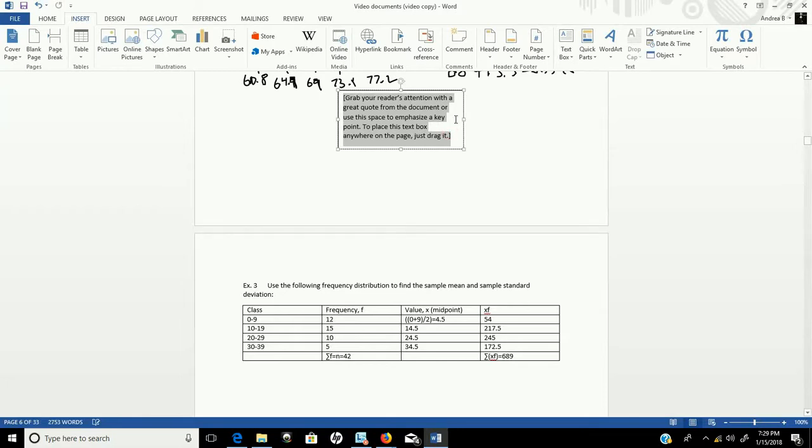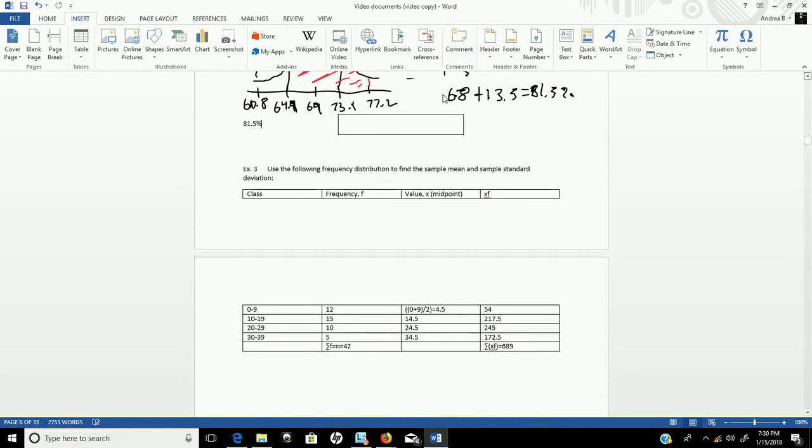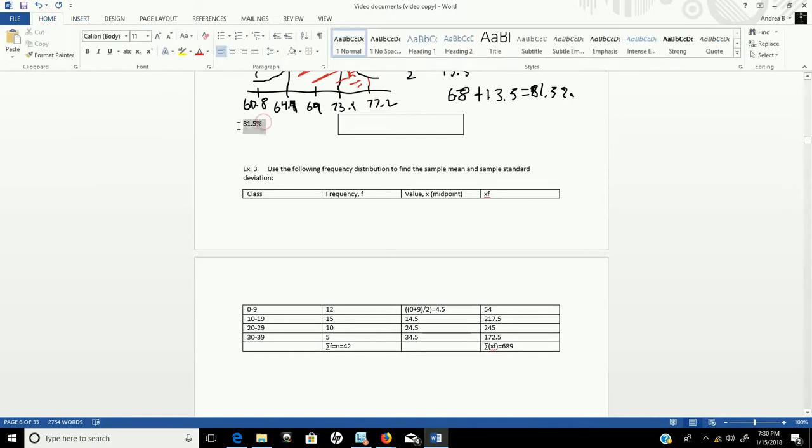So the final answer for this one is 81.5%. Guess I didn't do it in the text box, but you can see it right here. This 81.5% there would be your final answer.